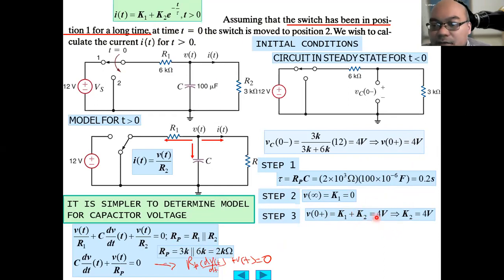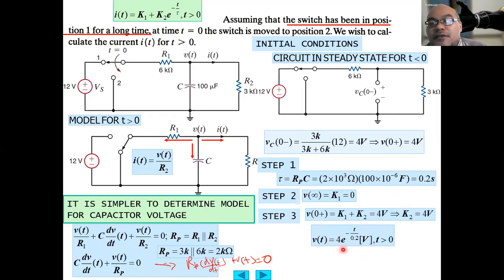Since K1 equals 0, K2 equals 4 volt. So we obtain the solution v(t) equals, since K1 equals 0, only K2 remains, so only the transient response occurs: v(t) equals 4 exponent minus t over 0.2.